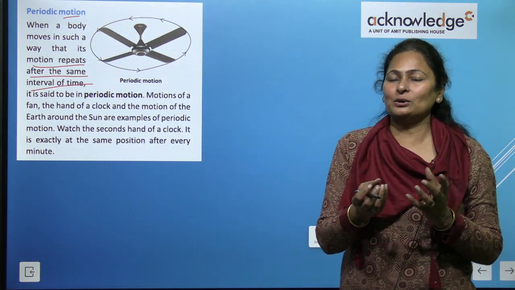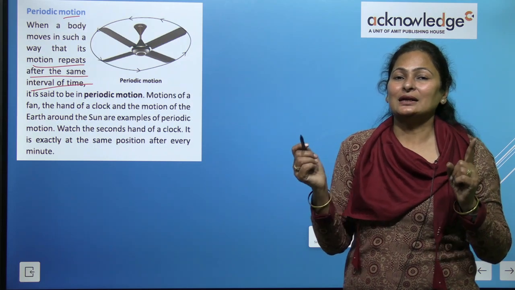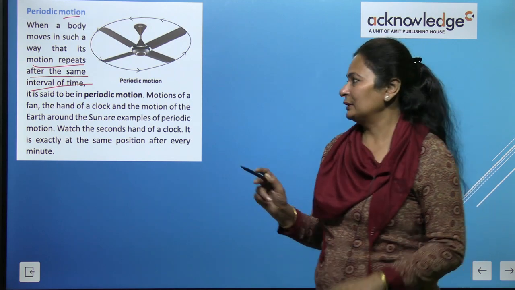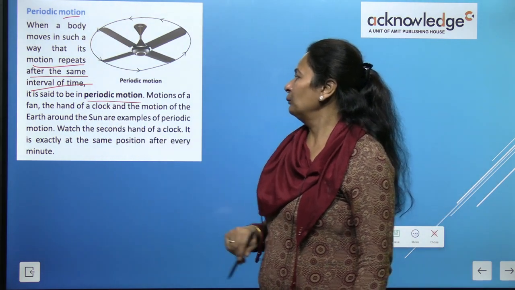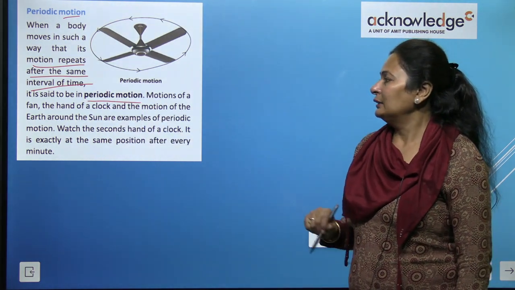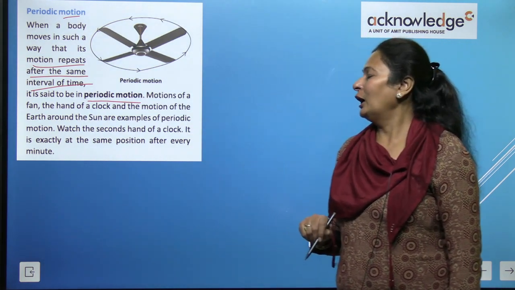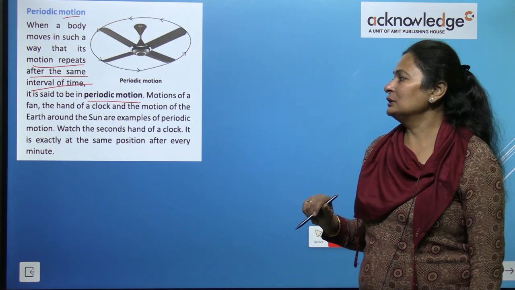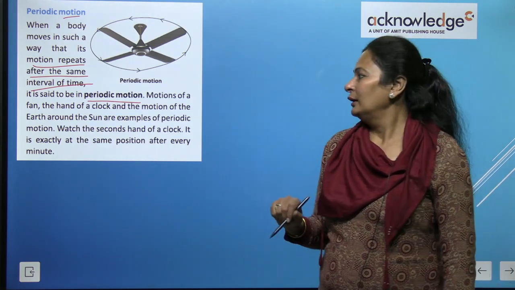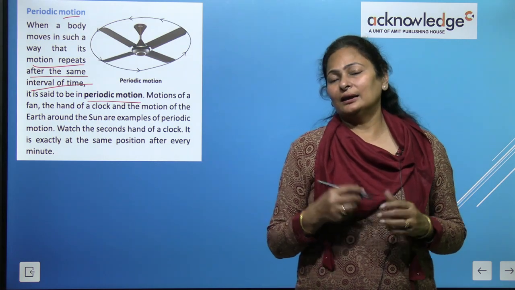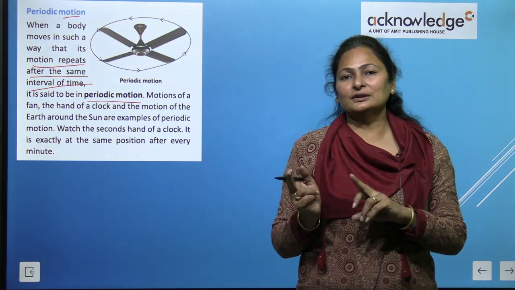The name periodic also suggests period, meaning the time taken for one movement. So it is said to be periodic motion. The motion of a fan, the hands of a clock, and the motion of the earth around the sun are examples of periodic motion. So how much time does the earth take to revolve around the sun?